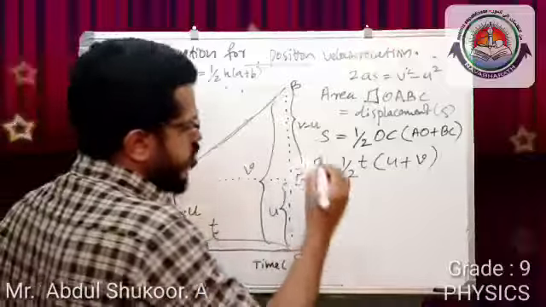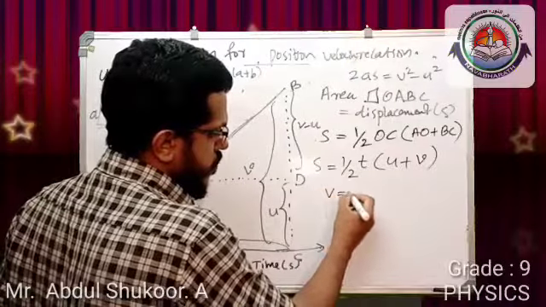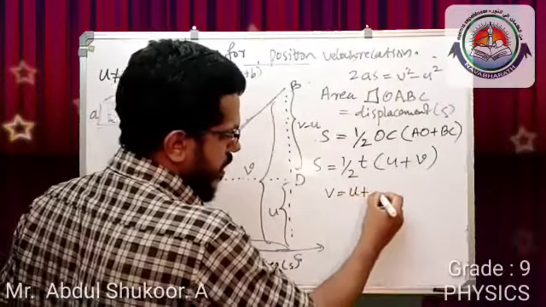From the first equation of motion, we know that V is equal to U plus AT.